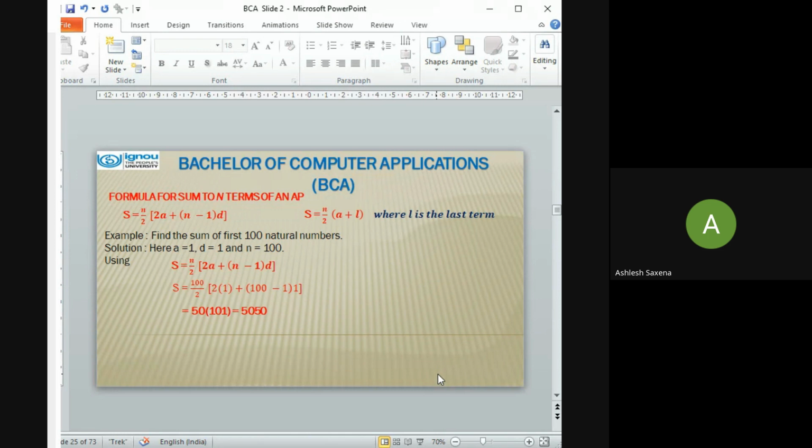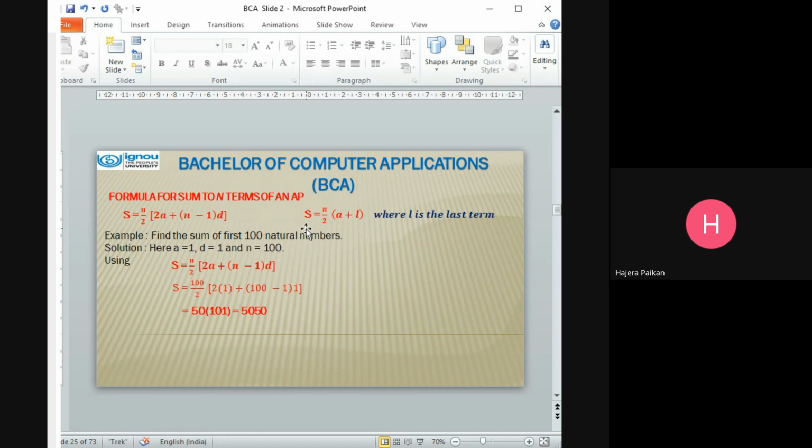Can we apply the second formula in this problem, to find the sum of first 100 natural numbers?